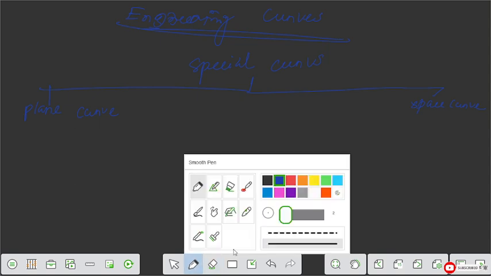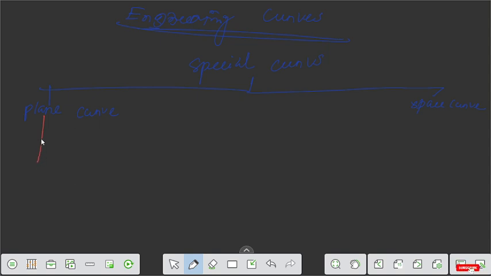The space curve is of helix type, and it is further divided into cylindrical helix and another, conic helix.